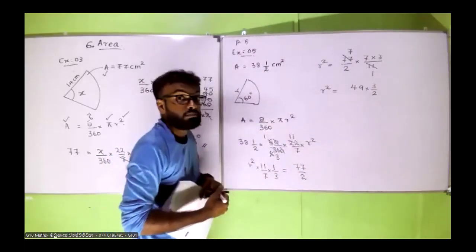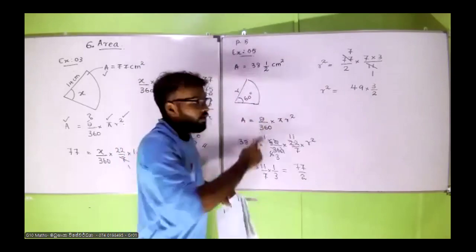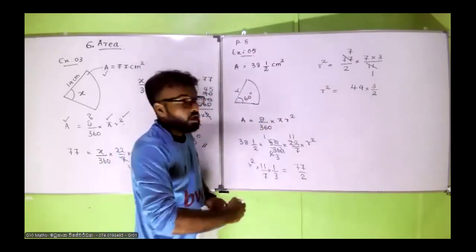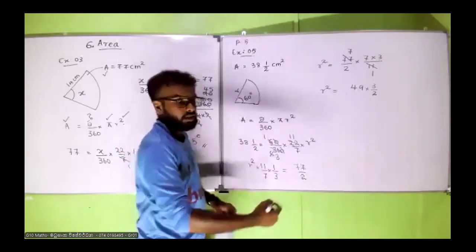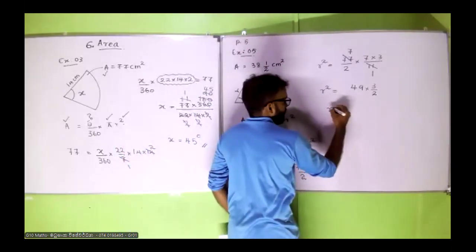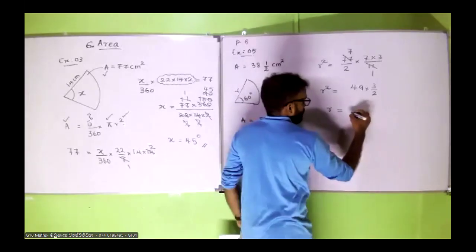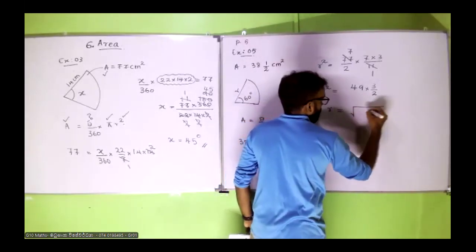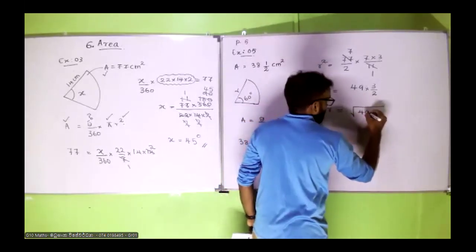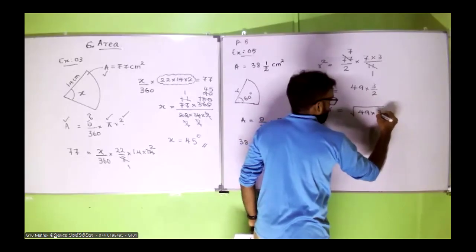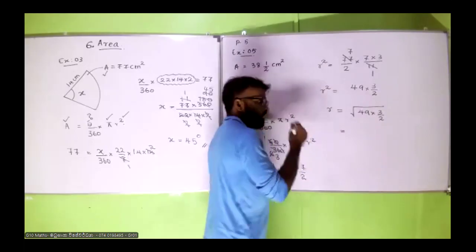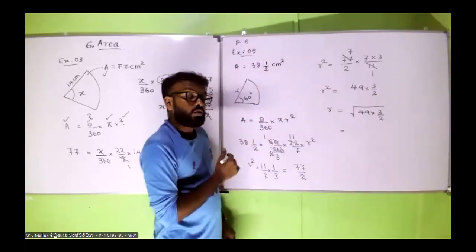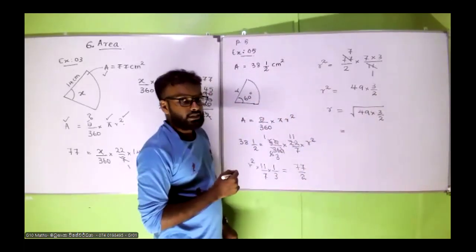Now you have r squared on your left hand side. You are going to take the square root of the other side. If you want to isolate r, r equals square root of 49 multiplied by 3 divided by 2. If you know the square root of 49, you can write something like this.